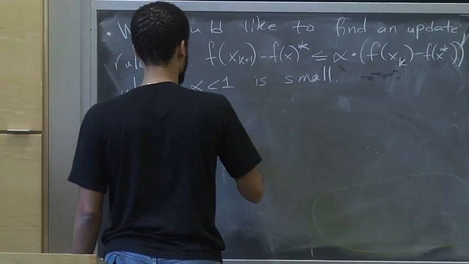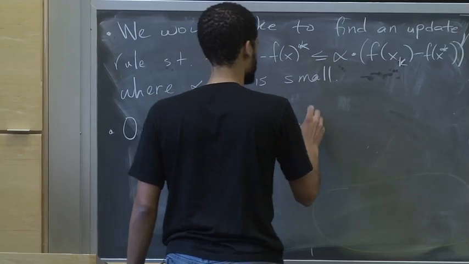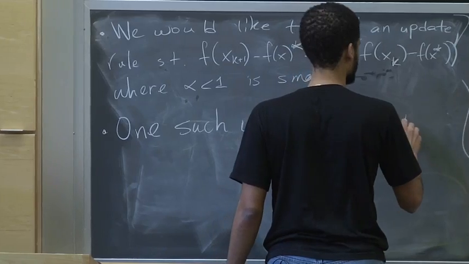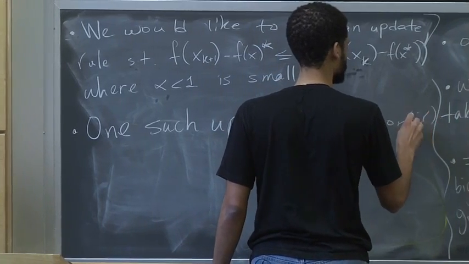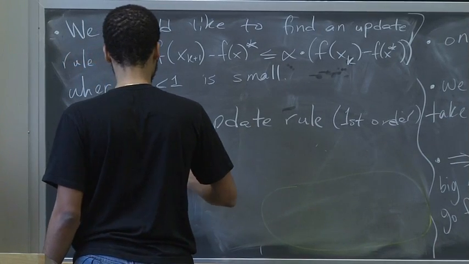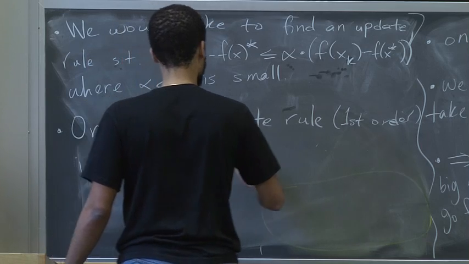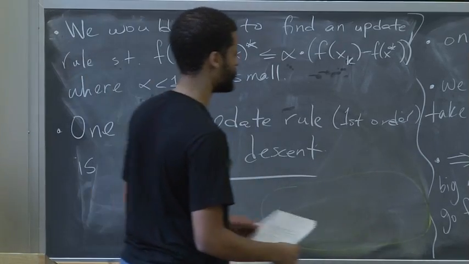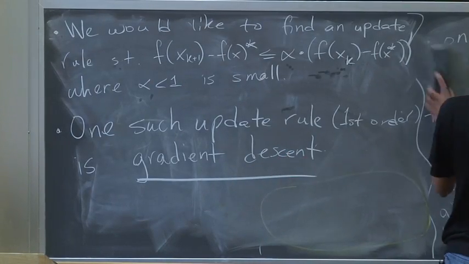So one such update rule, which is a first order method, is gradient descent. Let me just tell you what that is.